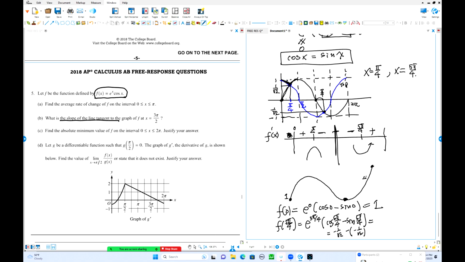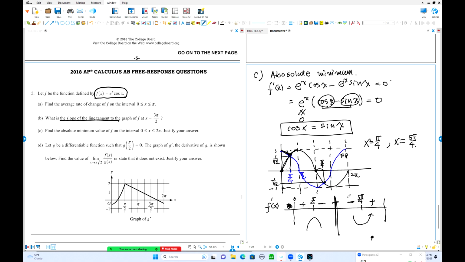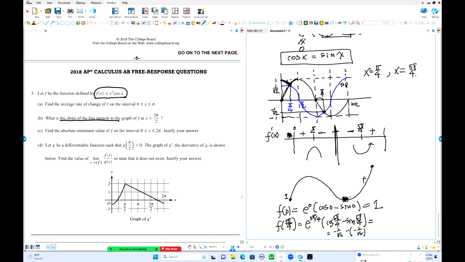This is increasing, we don't care about this one. We're going to put this number into the original function. Okay, we did that wrong, we're going to redo it.